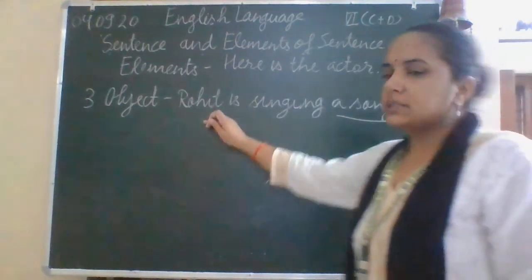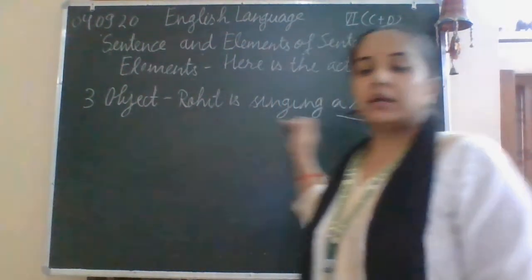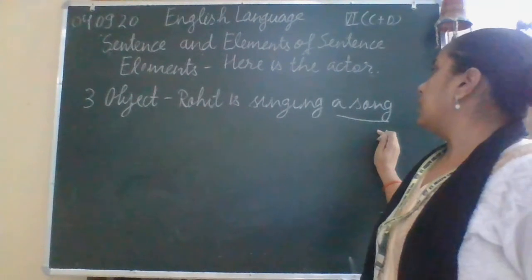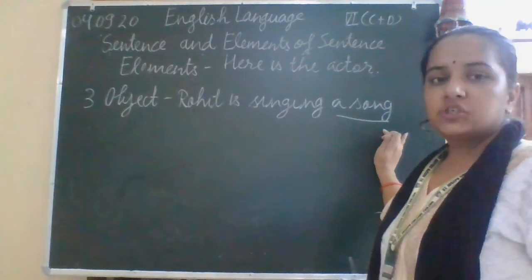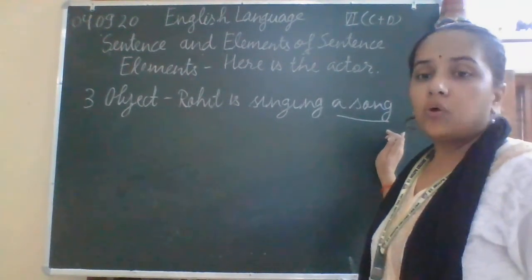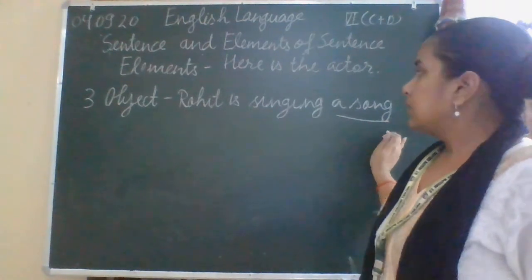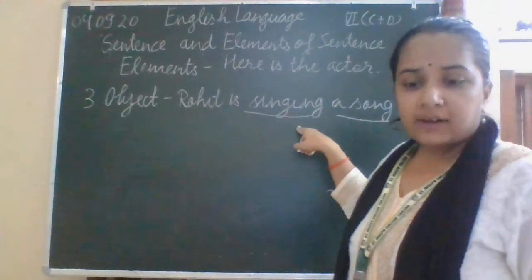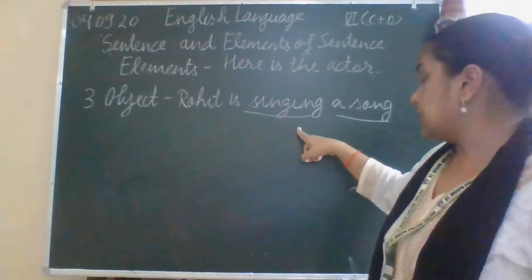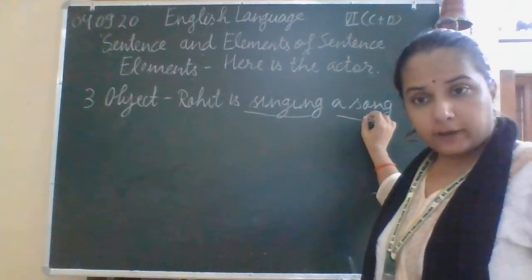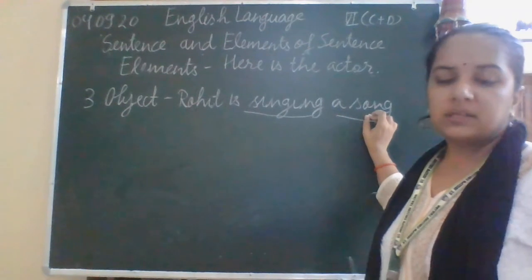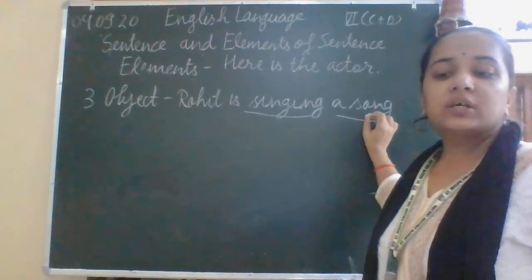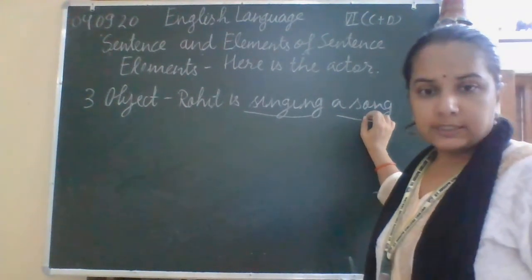So, the subject is mentioned at first and the object is mentioned at the end of a sentence. Singing is the verb, and the action takes place for this song. So this is the object of the sentence.